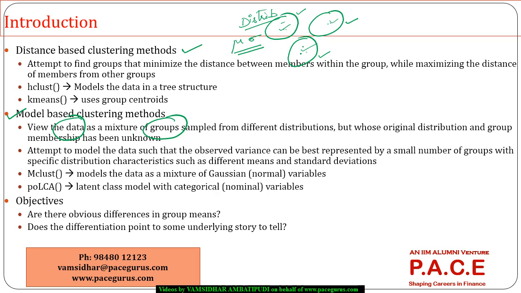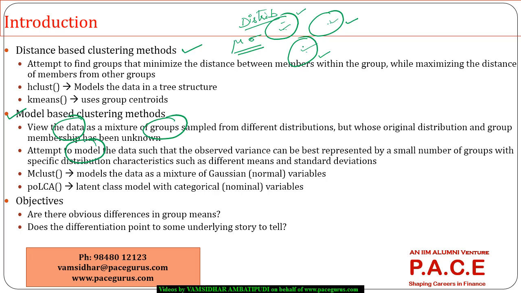So there are groups within the data, each group comes from a different distribution, and my objective is to understand those groups and try to segregate the data. That is the main logic behind the model based clustering method.